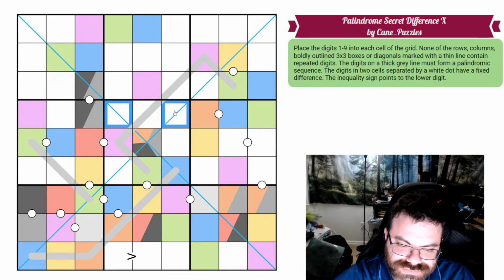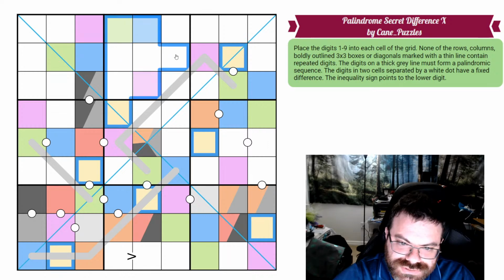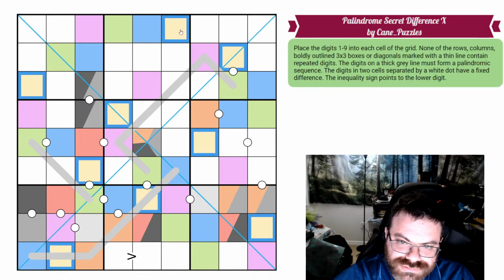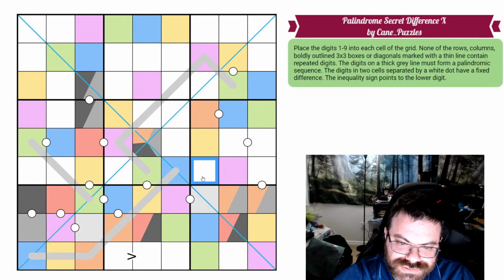One of these two. Ah, this diagonal has a yellow already, so that's a yellow. That puts a yellow here, because it can't be on the palindrome. Puts a yellow here. Yellows are done. That's good.